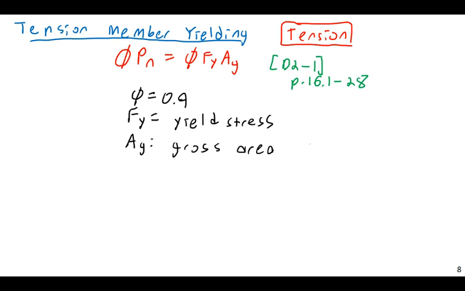All D2-1 says is P nominal equals Fy Ag. I have tacked a phi onto there because it does say right below there what phi to use, but I just sometimes feel it can be beneficial to show how the phi works together with this, especially if you're seeing resistance factors for the first time in this course. Does that make sense? Okay. Clear as mud.